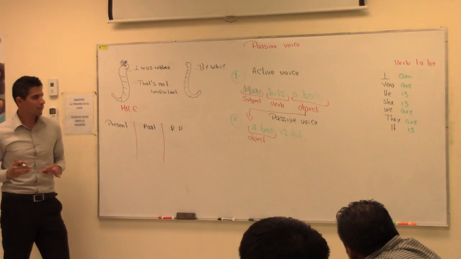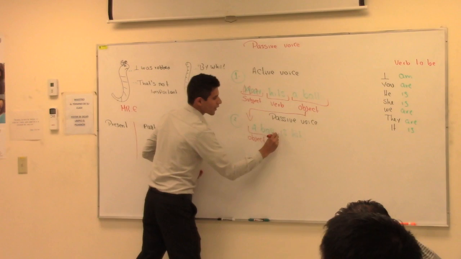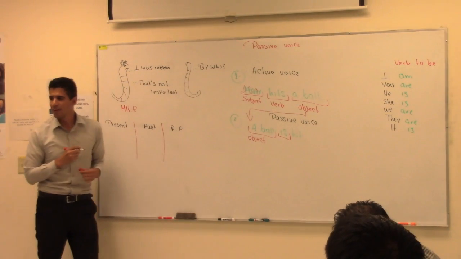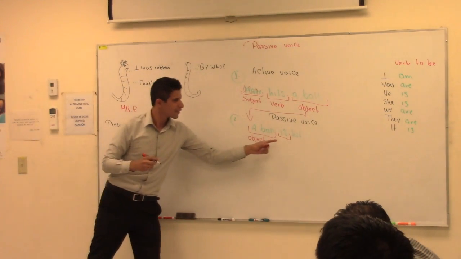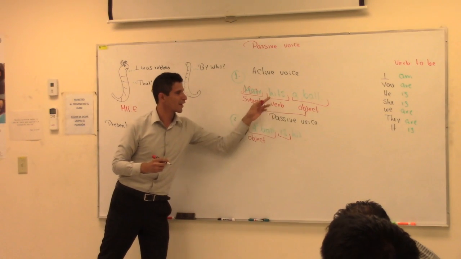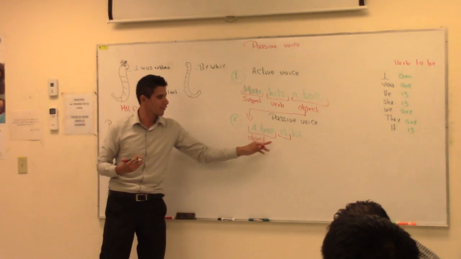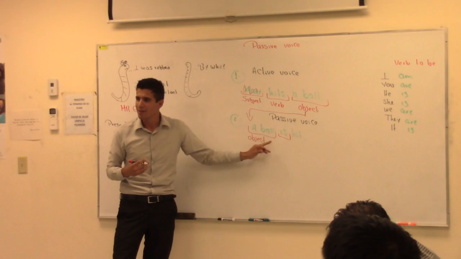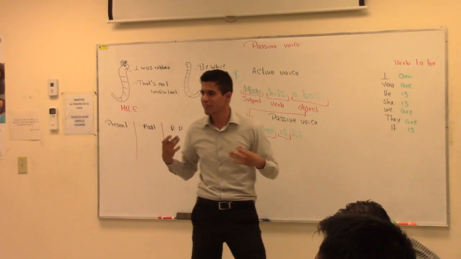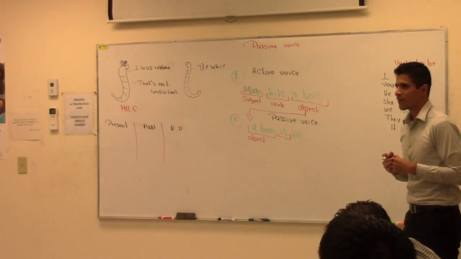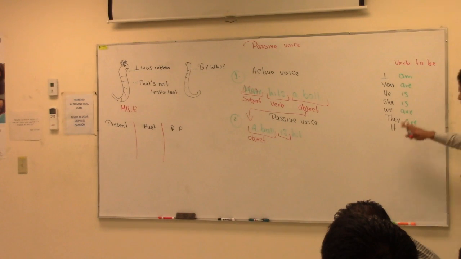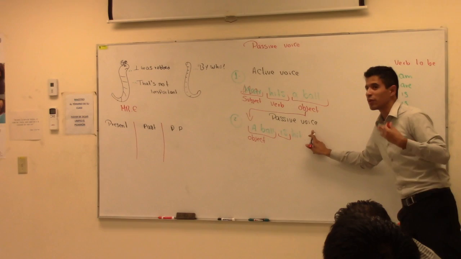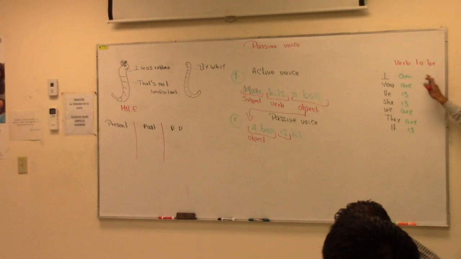Now, what happened here? What is this? Somebody knows. It has a name. Like this one, hits is the verb, but what is this? Is. Come on, come on, come on. Somebody knows? More or less? No? Take a look over here. Verb to be. So for the passive voice, we're going to be using the be verb, or the verb to be.